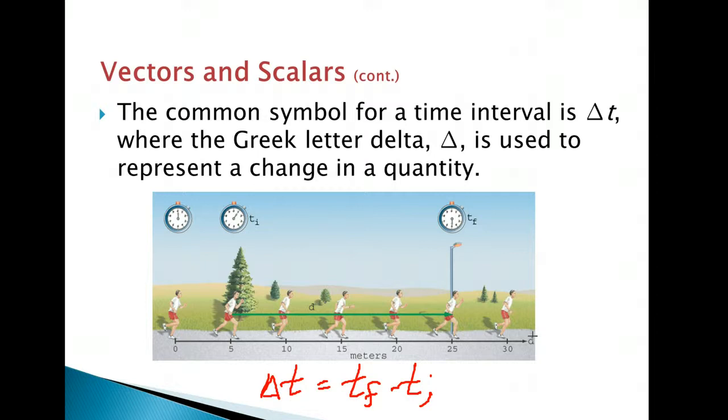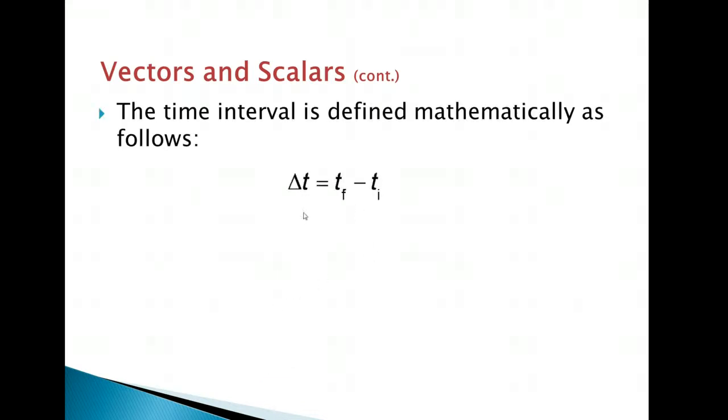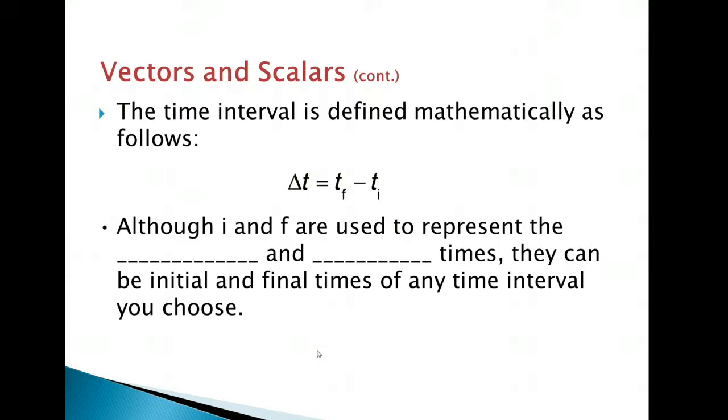So, this being the case, we would say that this is called a time interval. It's the time that has occurred from our starting time, ti, our initial, to our final time, tf. Okay, and you can see it here nicely defined mathematically.